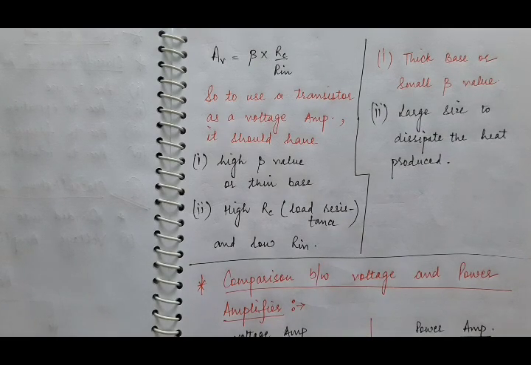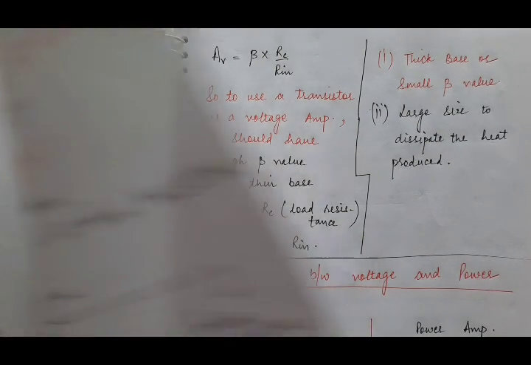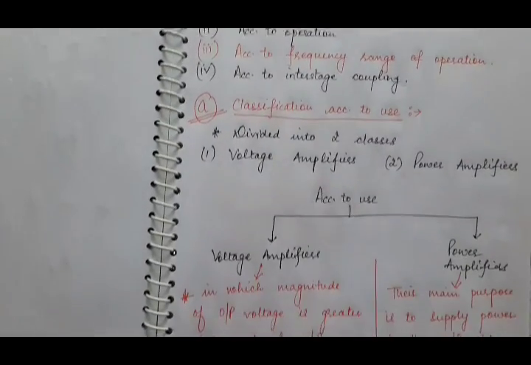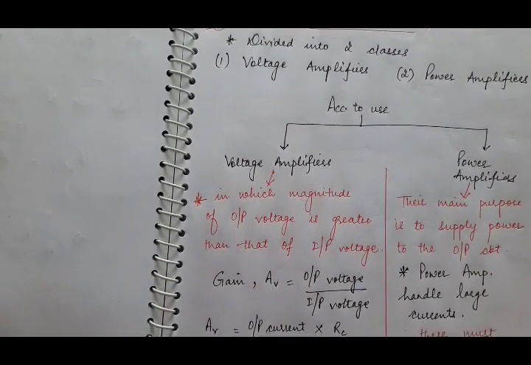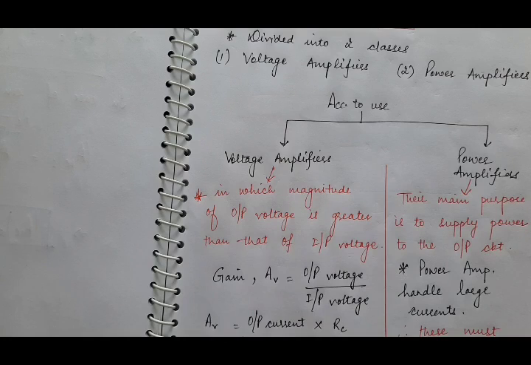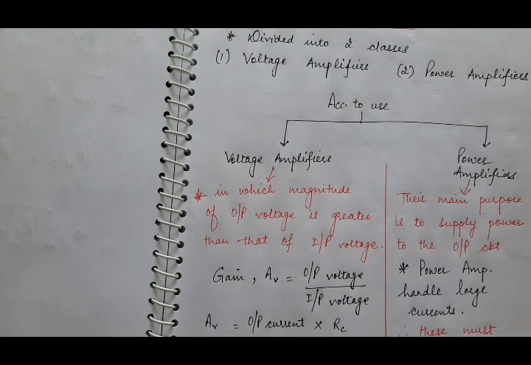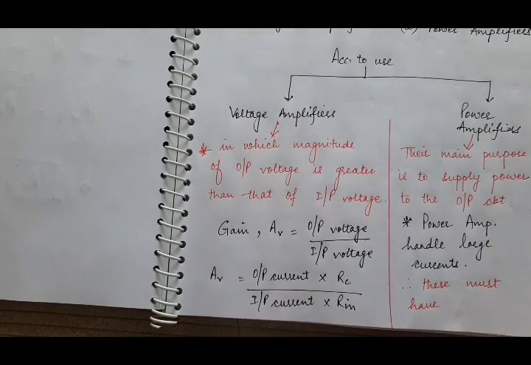And now we'll discuss power amplifiers. Power amplifiers are mainly used to increase the current and hence power, and their main purpose is to supply power to the output circuit. These power amplifiers can handle large values of currents.